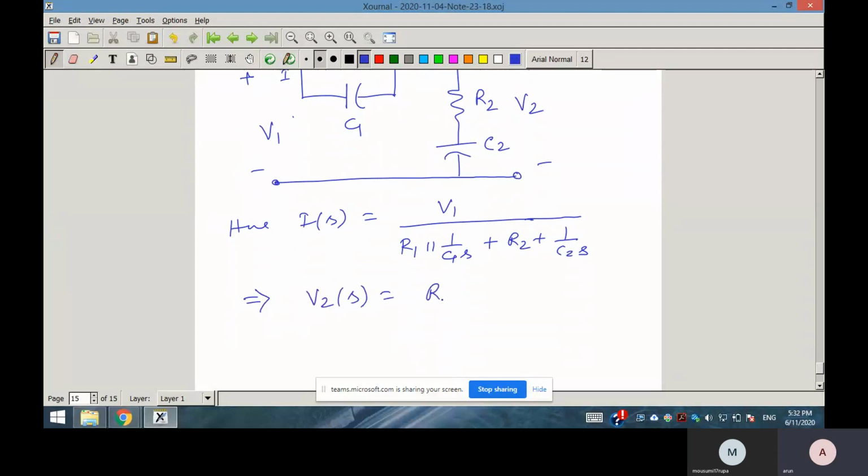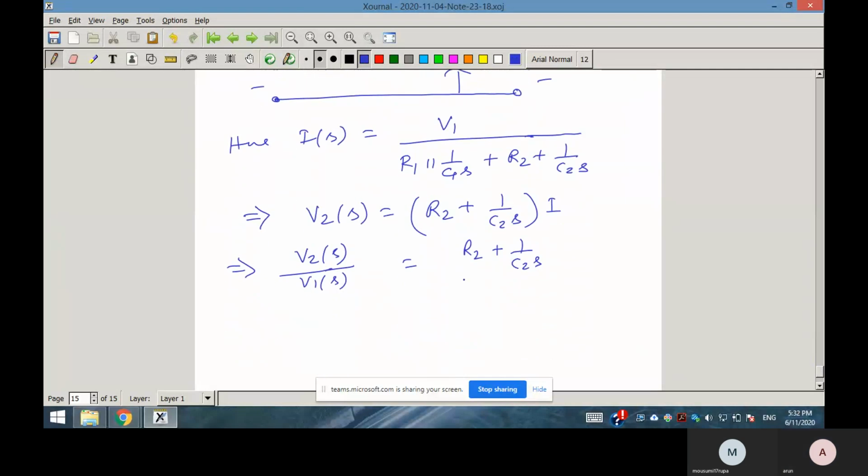V2(s) equals R2 plus 1 by C2s into I. So this will imply V2(s) by V1(s) will be equal to R2 plus 1 by C2s divided by R1 parallel 1 by C1s, plus R2 plus 1 by C2s. Sorry, this is parallel.